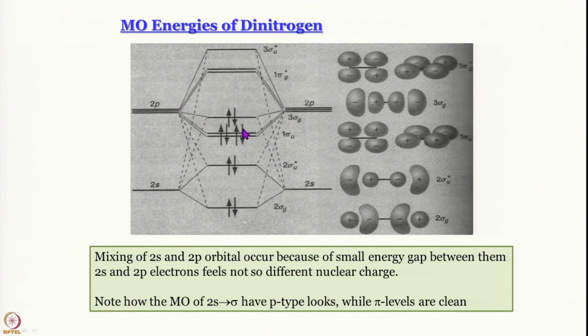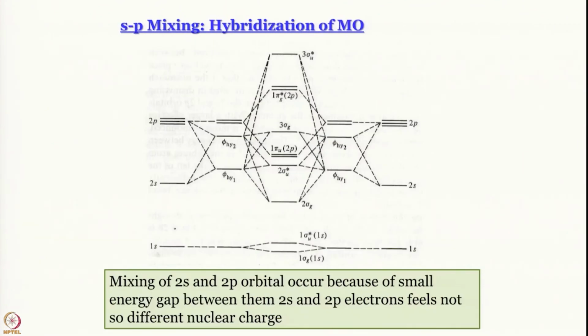So this modified energy scheme, considering sp mixing, nicely describes the situation for dinitrogen. What we are saying is that for a small energy gap between 2s and 2p, that is, for smaller Z values in the second row, there will be mixing, and the scheme is like this.